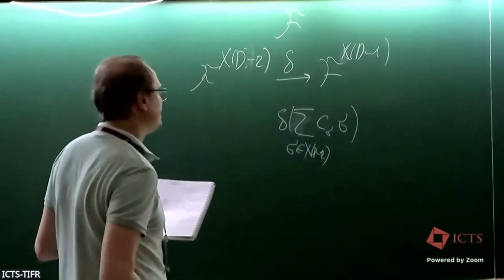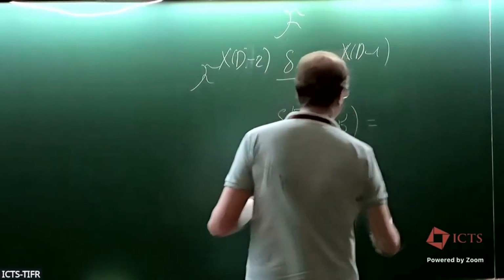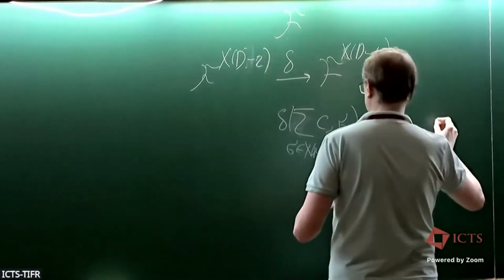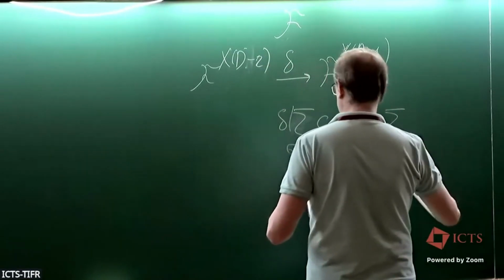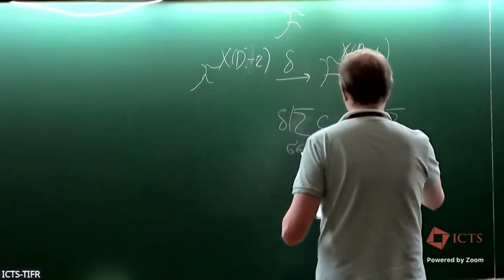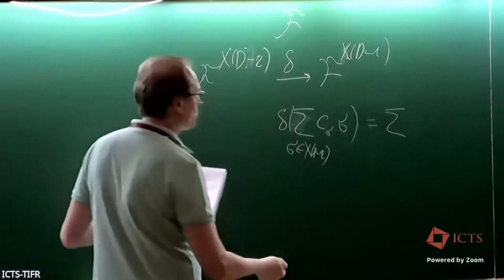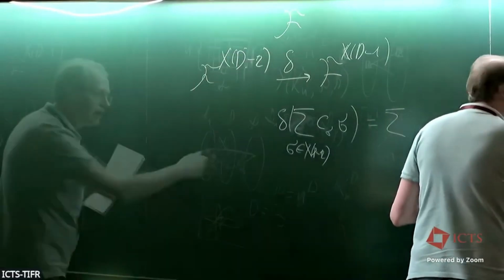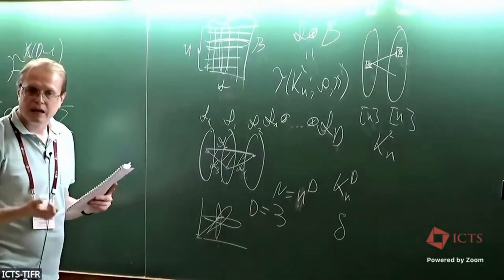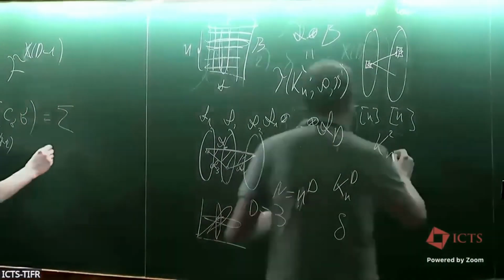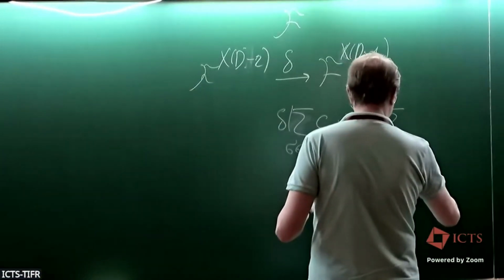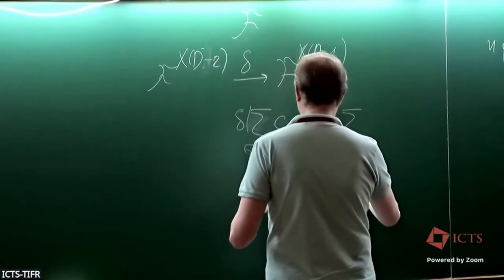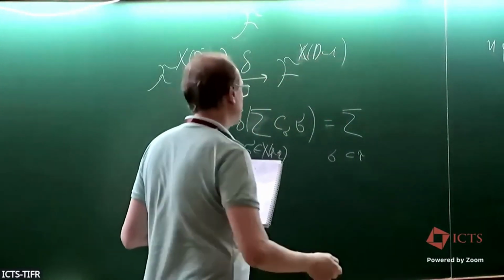When we apply this, we get the following formula. We apply it in the standard way. Each edge is connected to some number of triangles, and we consider all these triangles tau that contain this sigma, which is an edge.